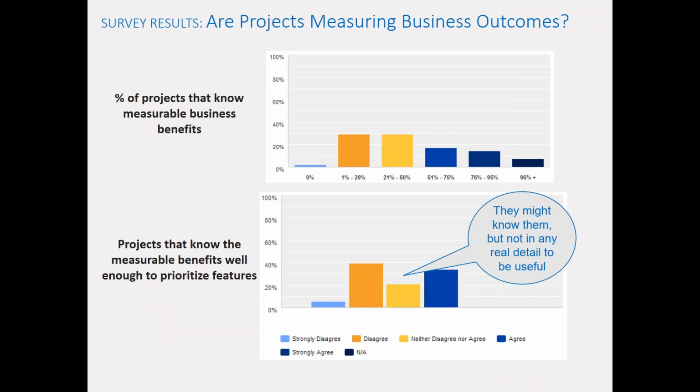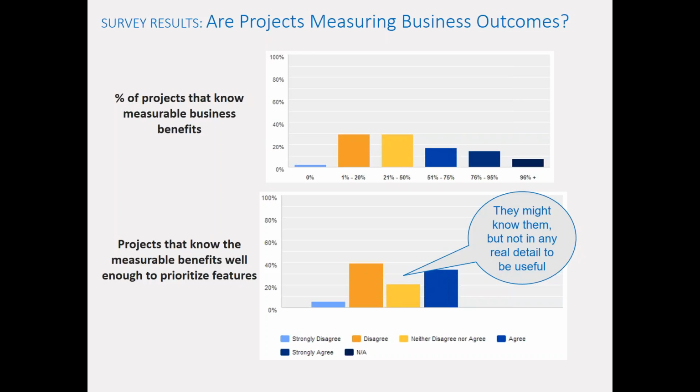I have a couple things I'm going to show you real quickly here in terms of some research that we did, some surveys, and exploring some of our own projects. What I found here, this is one where we went out to figure out how many people are actually measuring the benefit that they're getting, or measuring the outcomes, and how many know what the outcomes are well enough that they could actually use them to prioritize features.